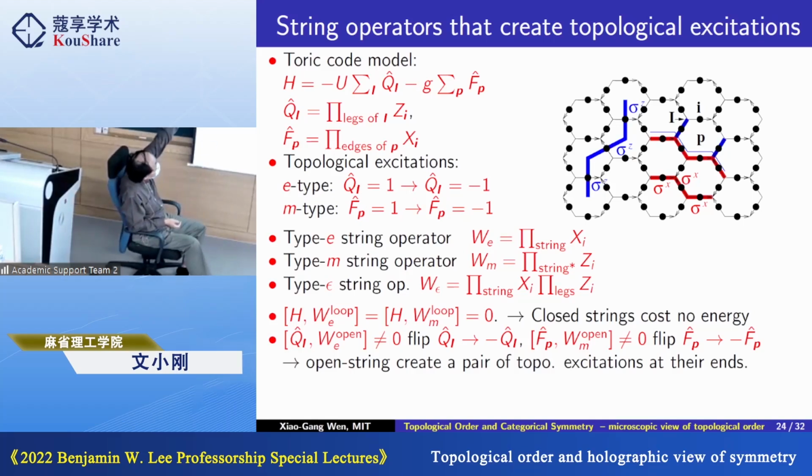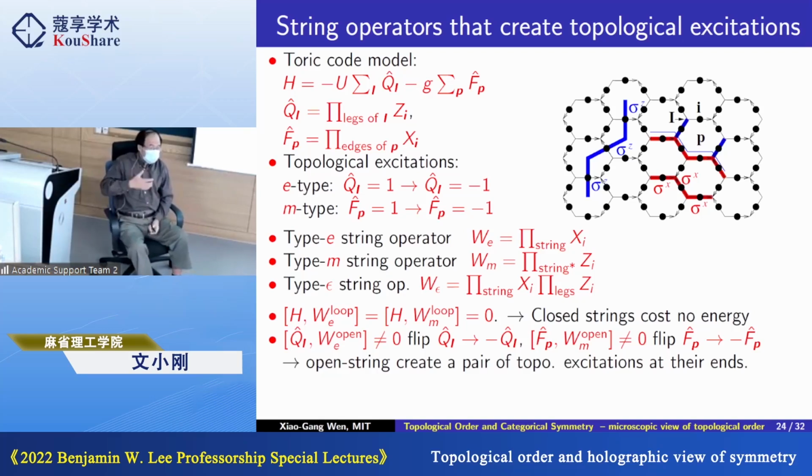Then the framing of this red string is this blue line, which can be viewed as a string on the dual lattice. Actually, the framing cuts through these 2 legs. So that means on these 2 legs, we add an M string, sigma z. And that's basically called the epsilon string, or maybe I should call it the F string later. This is the F string. So this is a combination.